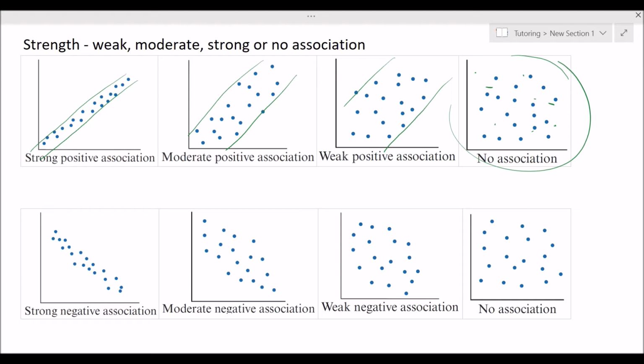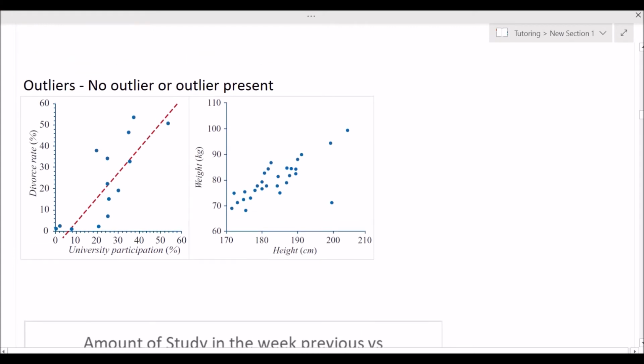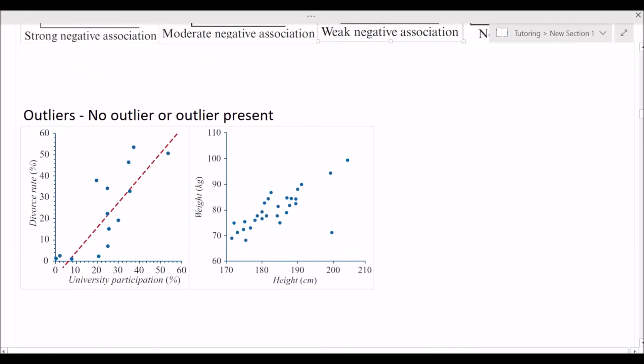We're going to talk about quantifying that in a minute, putting some numbers to this scale here, but you should also be able to just look at a scatter plot and be able to interpret how strong it is. Okay, and then the last feature is about outliers, whether they're present or not. Okay, so this first example here, there are no outliers.